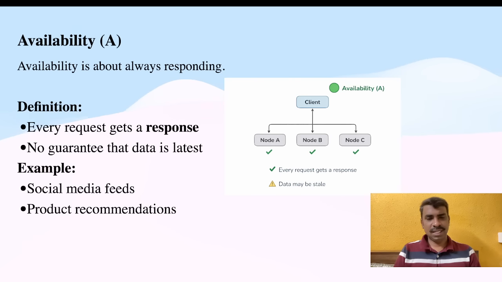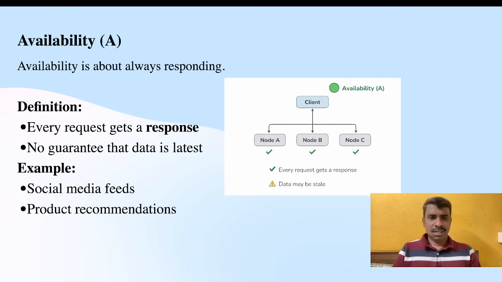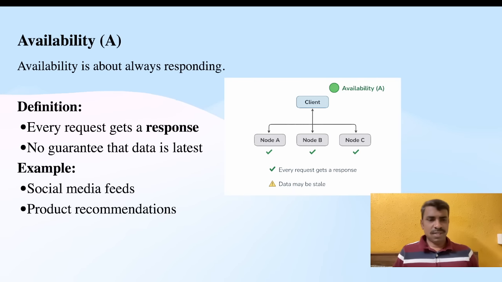In social media feeds or product recommendations on Amazon, Flipkart or any other site, they can use this kind of approach, because even if you are getting stale data or data is not latest, still you will get something.